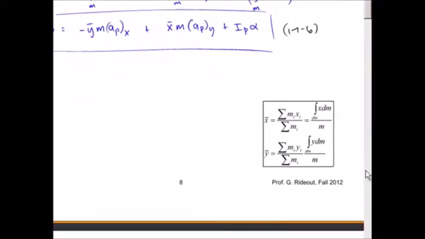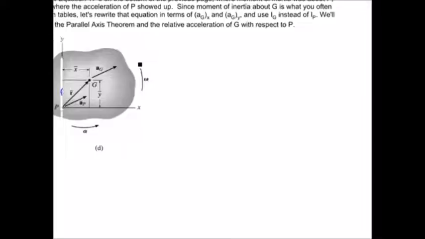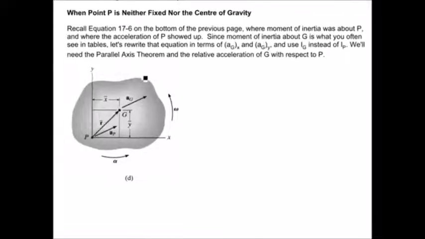And what we want to do, if we scroll down to page 9, is look at what happens if point P is not fixed, and if it's not the center of gravity. Suppose we want to get that previous equation, which we'll rewrite here.